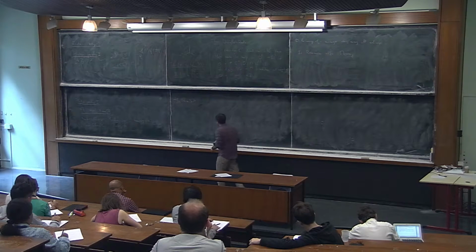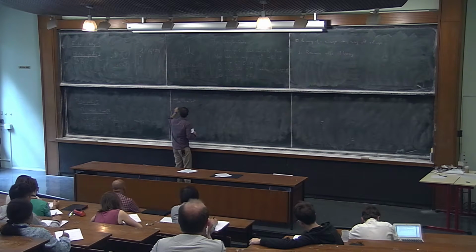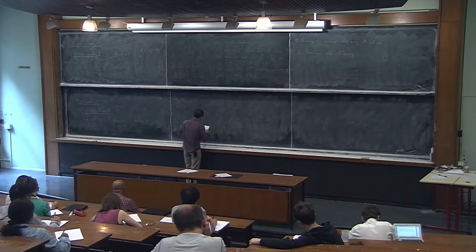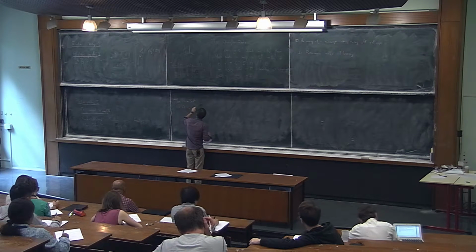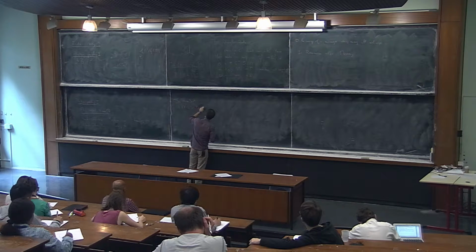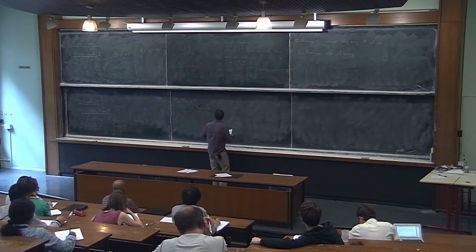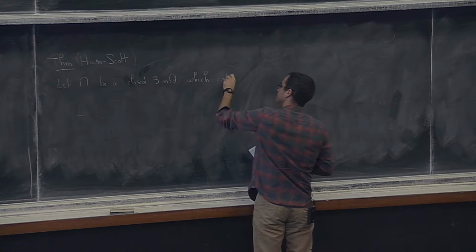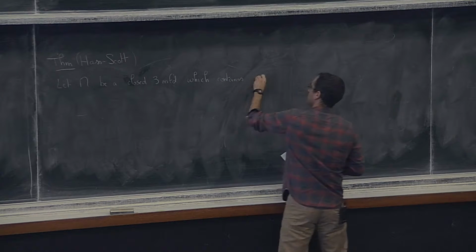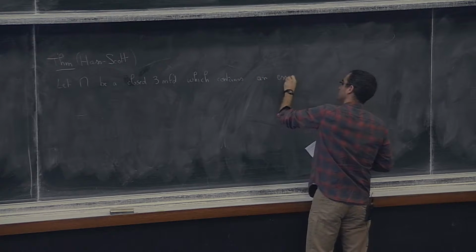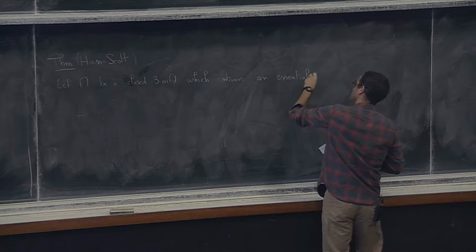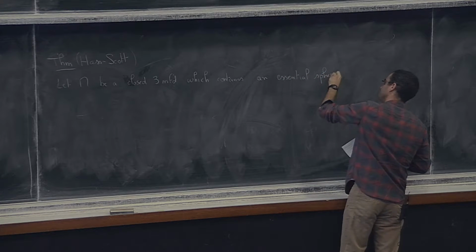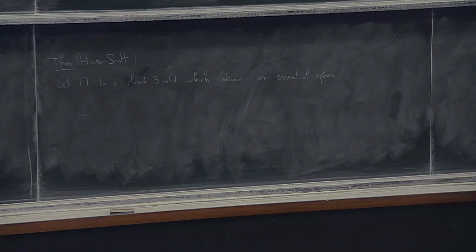Let M be a closed 3-manifold which contains an essential sphere, so a sphere that does not bound a ball.